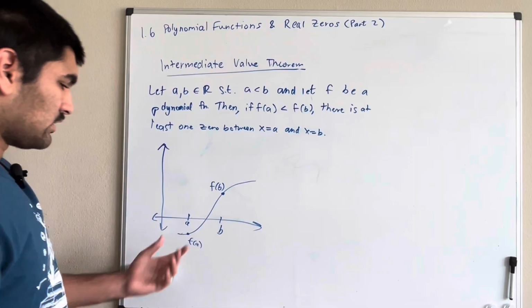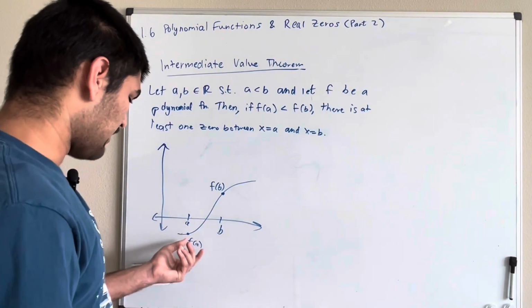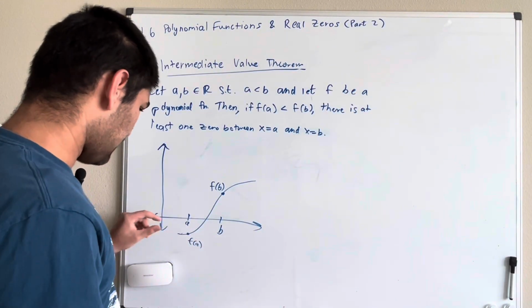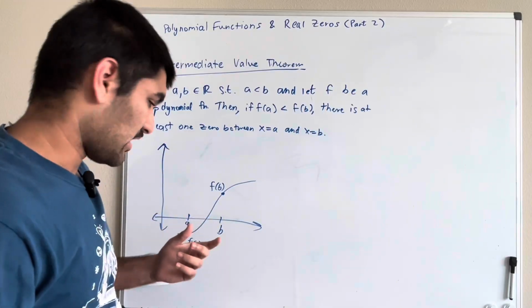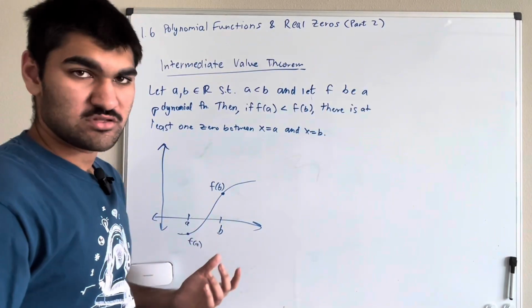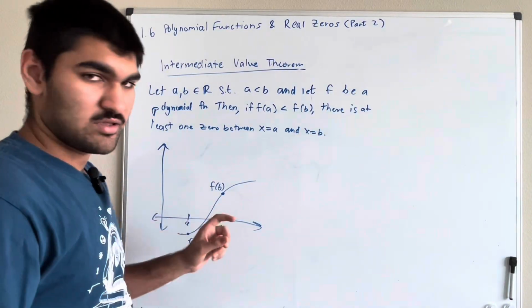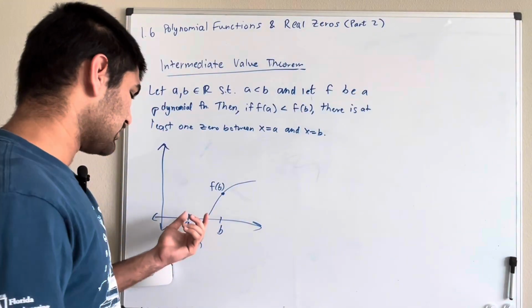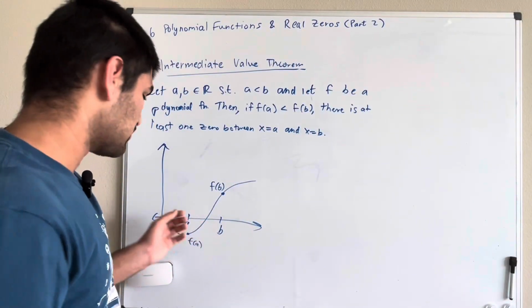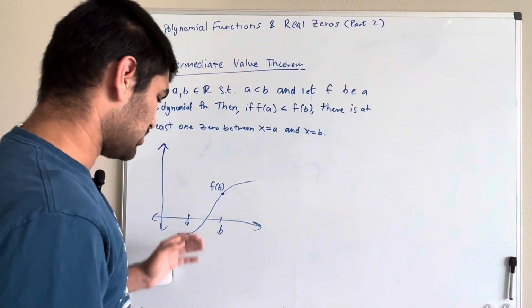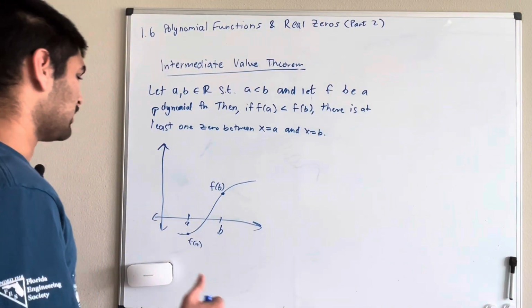Clearly from the graph we can see that f of a is negative and f of b is positive, so they have different signs. The intermediate value theorem says that if f of a and f of b have different signs, then there's at least one zero between them. It has to cross the x-axis in order to change signs. Okay, good.